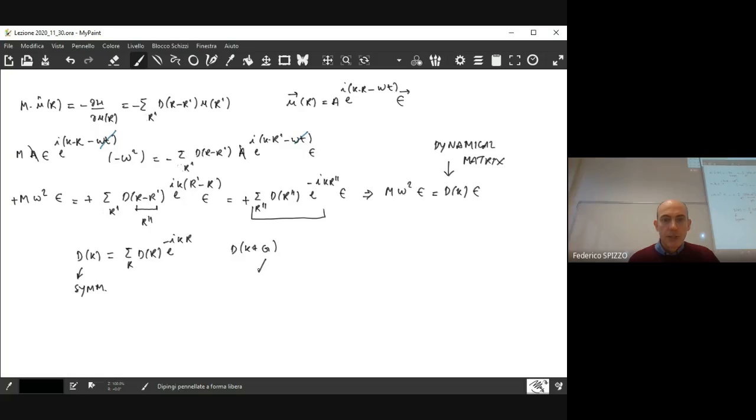If you write K plus G, where G is a vector of the reciprocal lattice, that is equal to a summation over R of D of R e to the minus i k times R, then e to the minus i G times R. But by the definition of a vector belonging to the reciprocal lattice, this is 1. So this is equal to D of k.